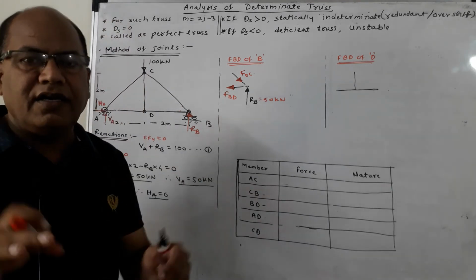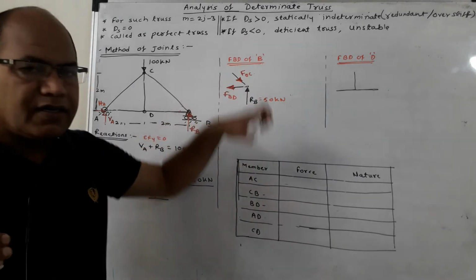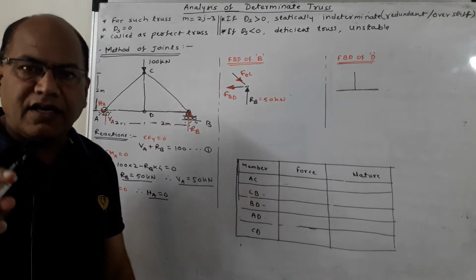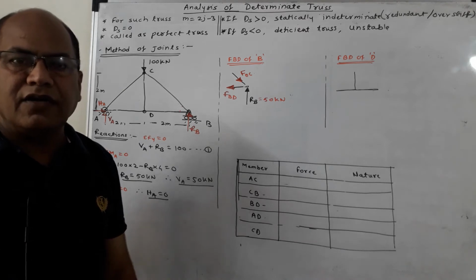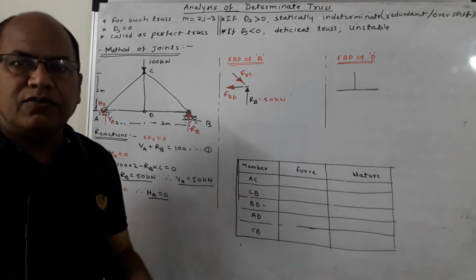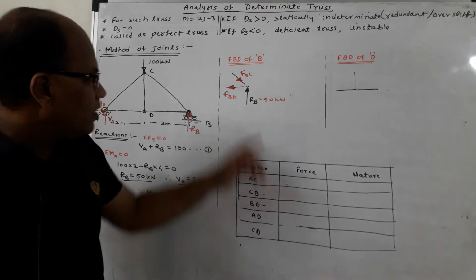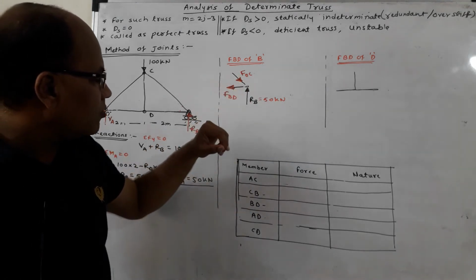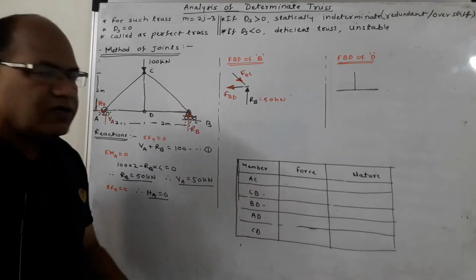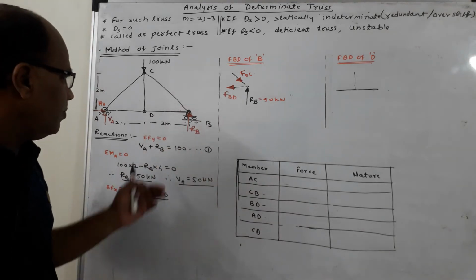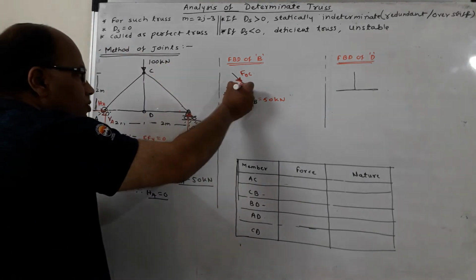You will have to apply the conditions of equilibrium. If any force works out to be negative, it means that your assumed direction is wrong and you will have to make it correct. So here FBC I have shown acting towards the point B, and FBD I have shown acting away from that point B, and the angle in between these two.